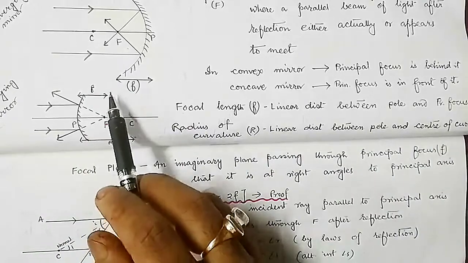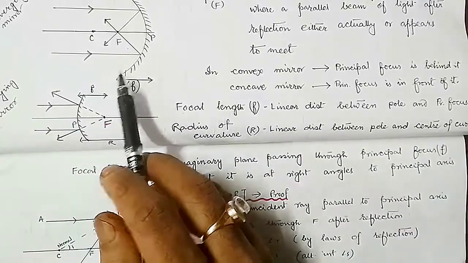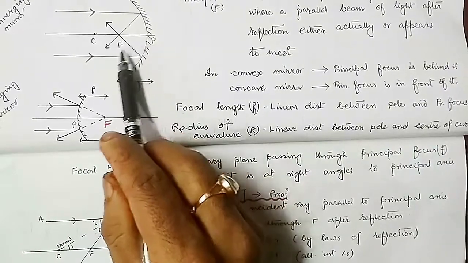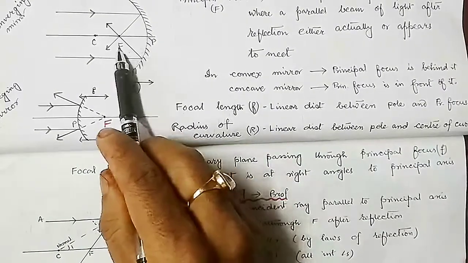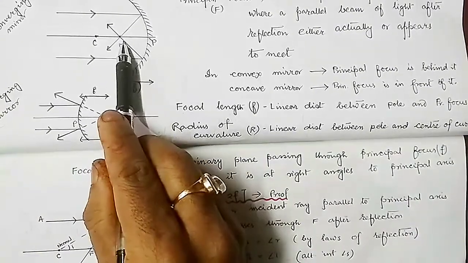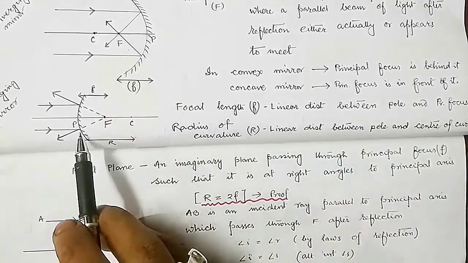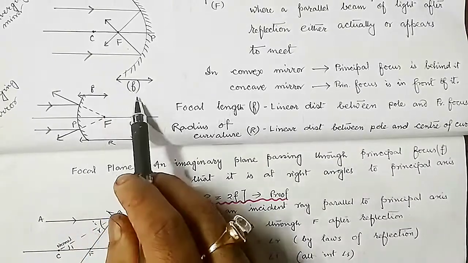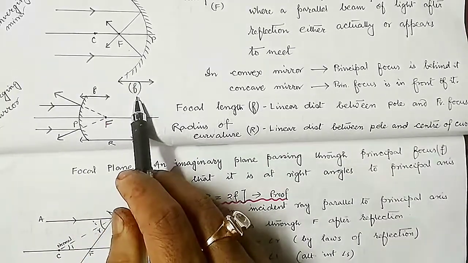Clear? Now the linear distance between pole and the focus. The linear distance between pole and the principal focus is called the focal length. That means starting from P up to F, this length is focal length. In this case, distance between P and F is called the focal length, and it is generally represented by the symbol small letter f.